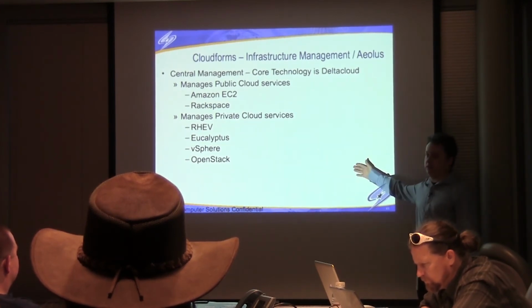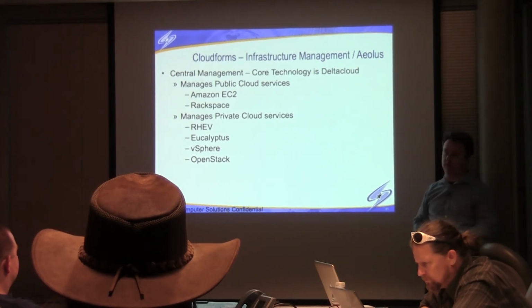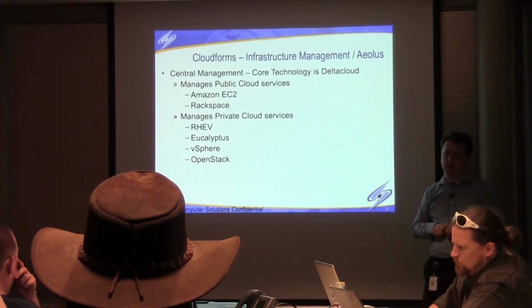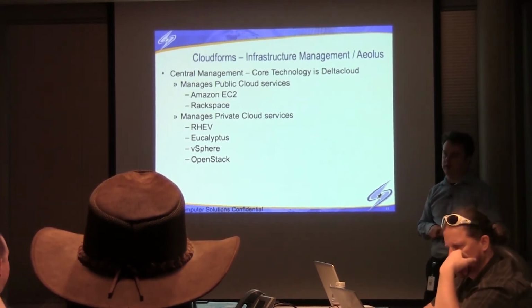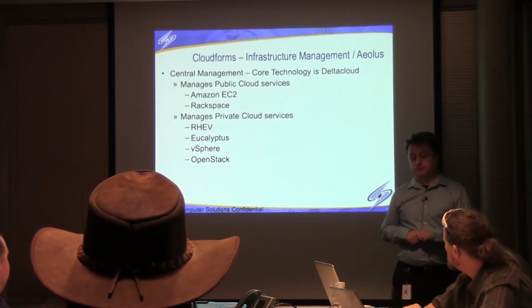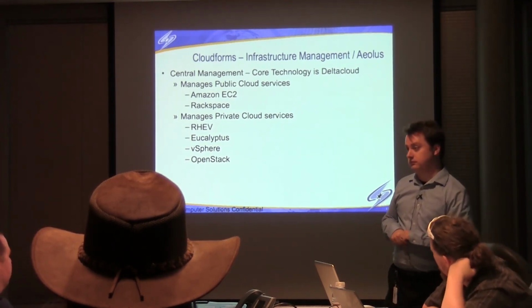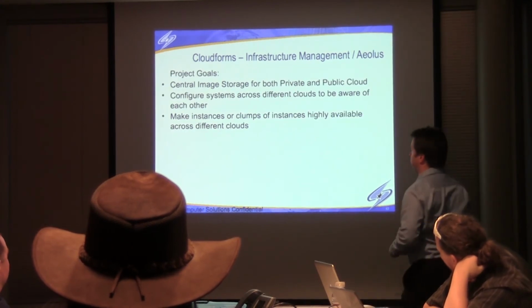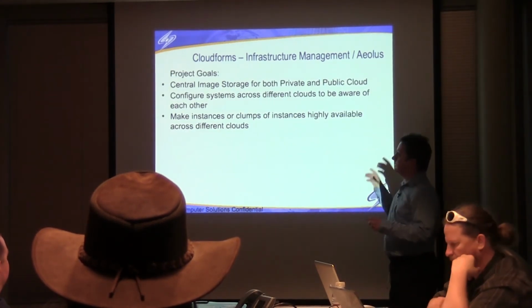And if you have a local cloud system, you can manage the same image. You can use the same image on OpenStack or on vSphere. It's really cool. And you can migrate between them? Yeah, that's coming. That's not in the project yet.